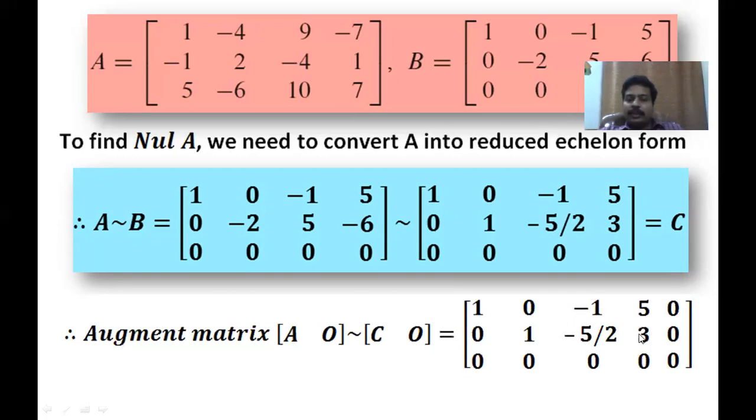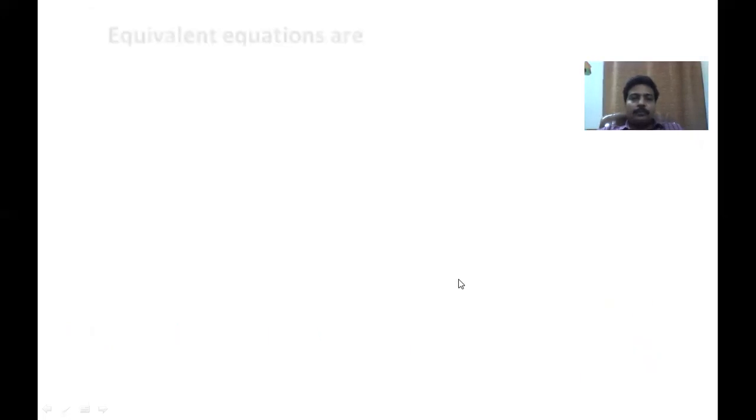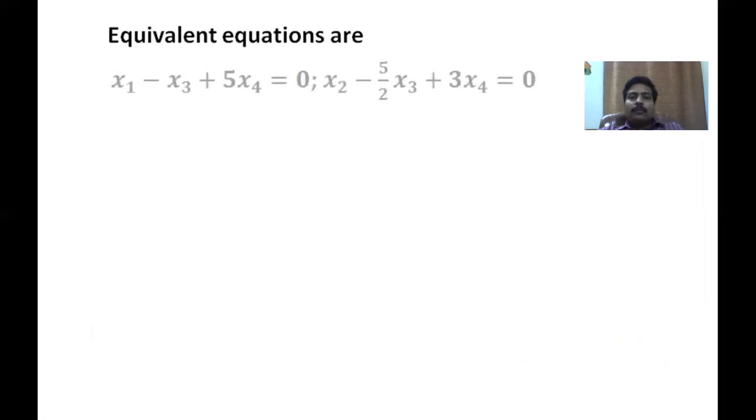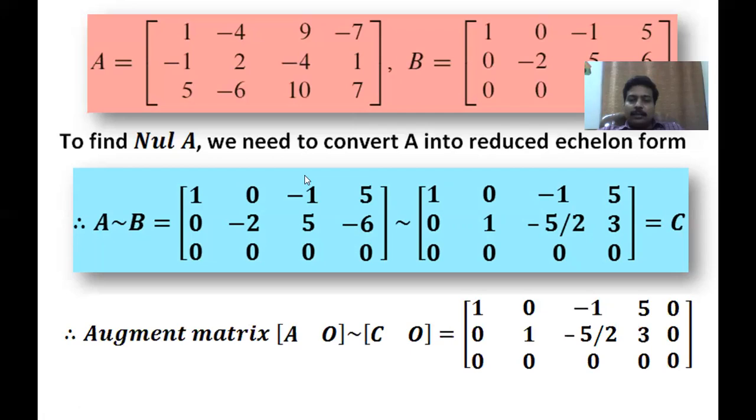So these equations can be converted as x1 minus x3 plus 5x4 is equal to 0. That is the first equation. Similarly, the second row can be written as x2 minus 5/2 x3 plus 3x4 is equal to 0.